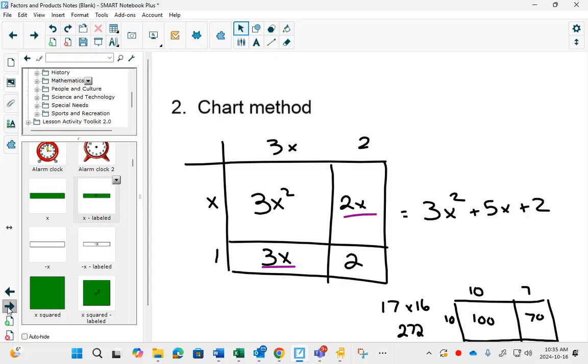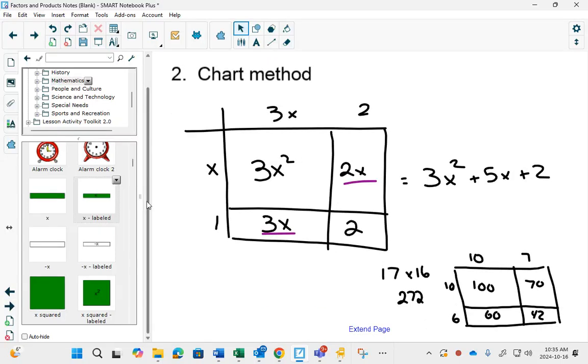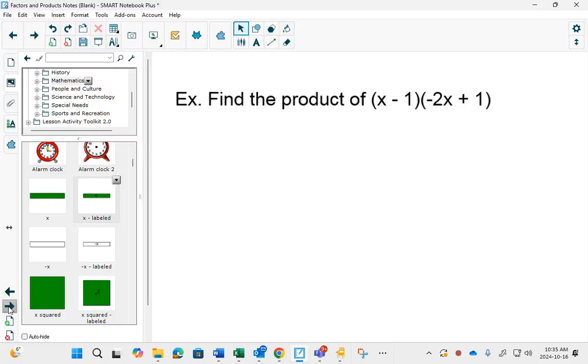Okay, again, I really like the chart method because if you haven't seen this for multiplying numbers before, it's really powerful for doing mental math, and that idea is the same there. Algebra tiles gets a little messy, especially when you get into negatives.